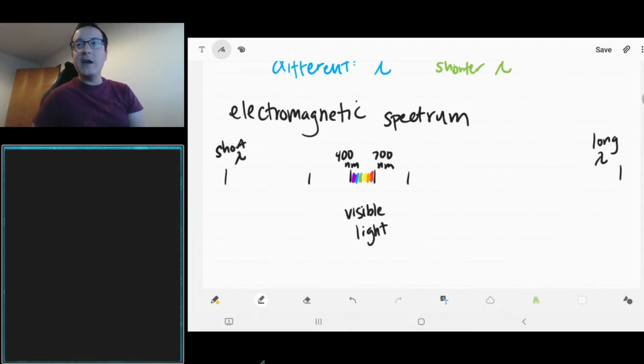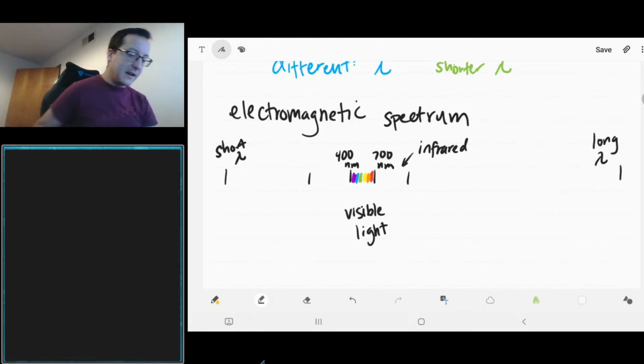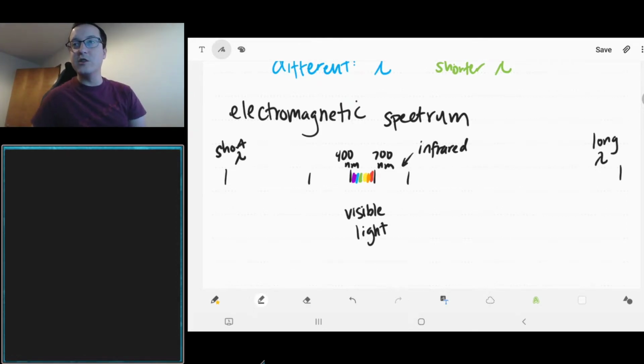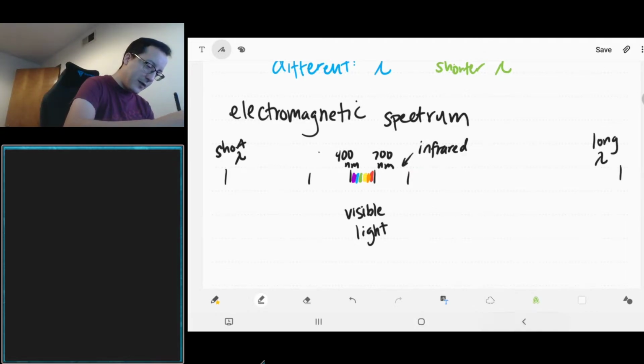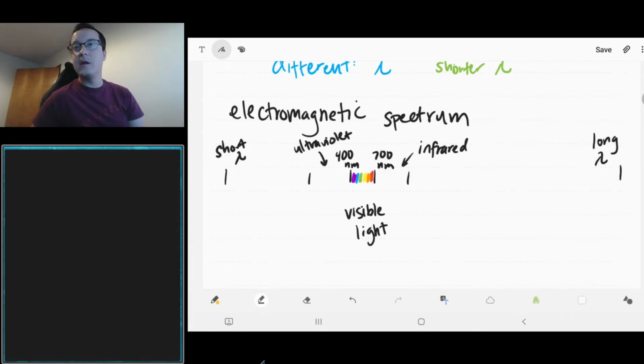So we have other parts of the spectrum here that flank the visible light region. And you've probably heard about these. Here we have the infrared region, which is going to be longer wavelength than red. And over here we have ultraviolet, UV.